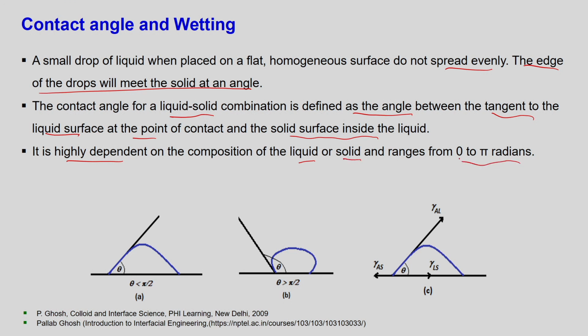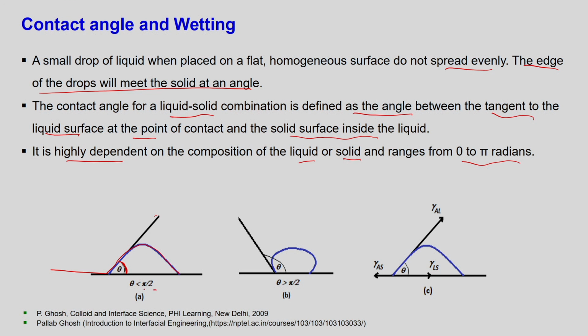Now, for example, we have three cases: contact angle less than 90 degrees, and contact angle greater than 90 degrees. If the liquid drop is something like this, you draw a tangent in this manner. This angle is always theta, and this is called the contact angle.